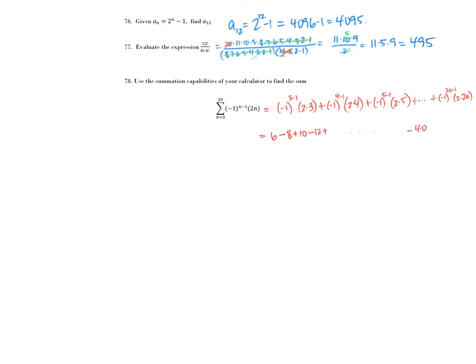The one before the 40 will be 38, and it'll be a plus. And so I want to add that all up. You can use your calculator to do it. But anyway, I want to talk about what that sum meant. The calculator says the sum of all of that is negative 18.